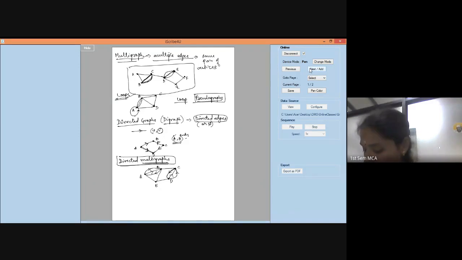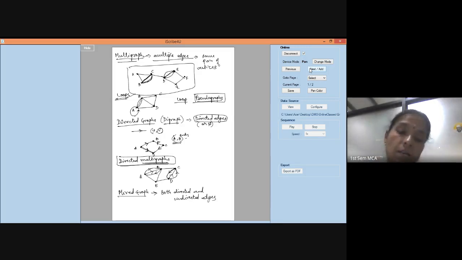The last one is what is called a mixed graph. What is a mixed graph? A graph which has both directed and undirected edges is called a mixed graph.